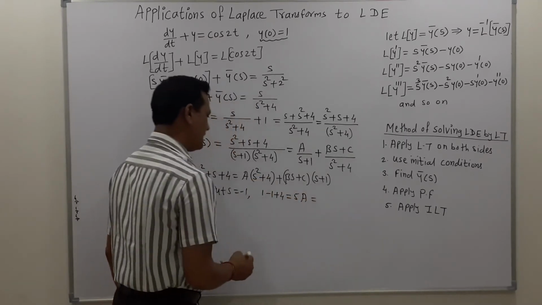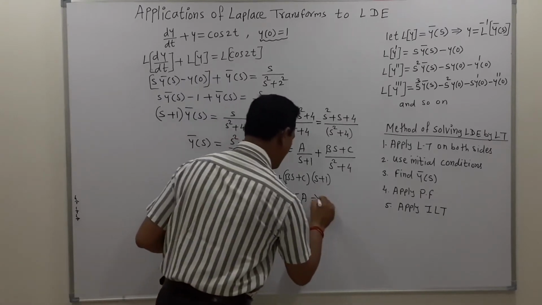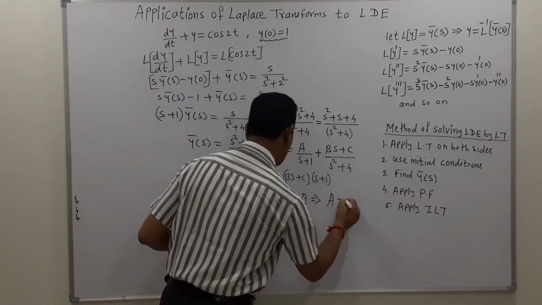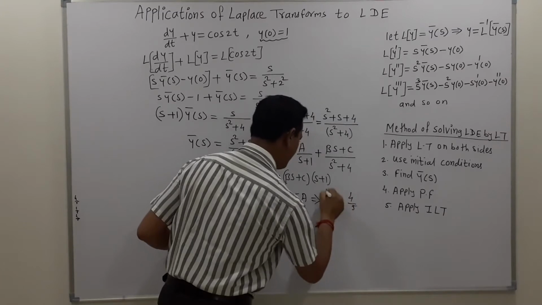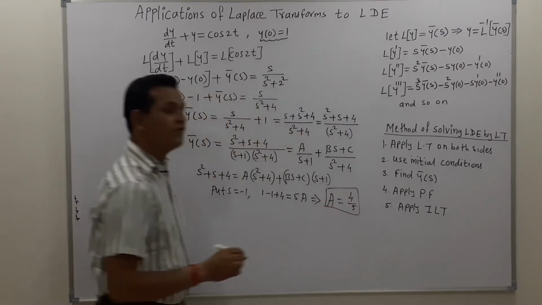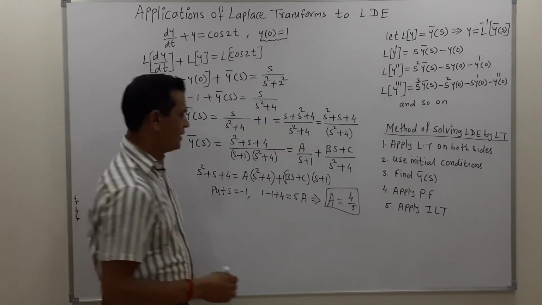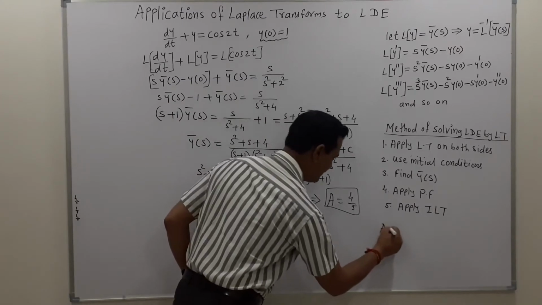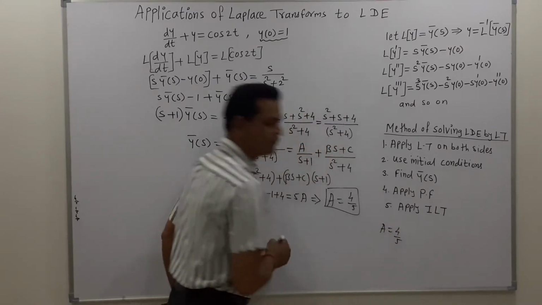So we can directly get the value of a as 4 upon 5. This is the first constant we are getting, so we write here separately a is equal to 4 upon 5.